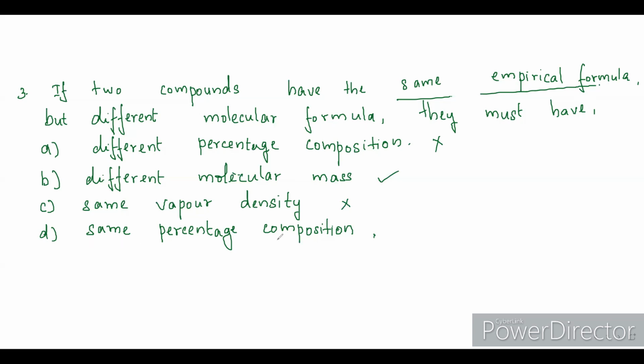Though the statement same percentage composition is correct with regard to empirical formula, the question here is to find out why they are having different molecular formula. So that's not because of percentage composition, but because they have different molecular mass.